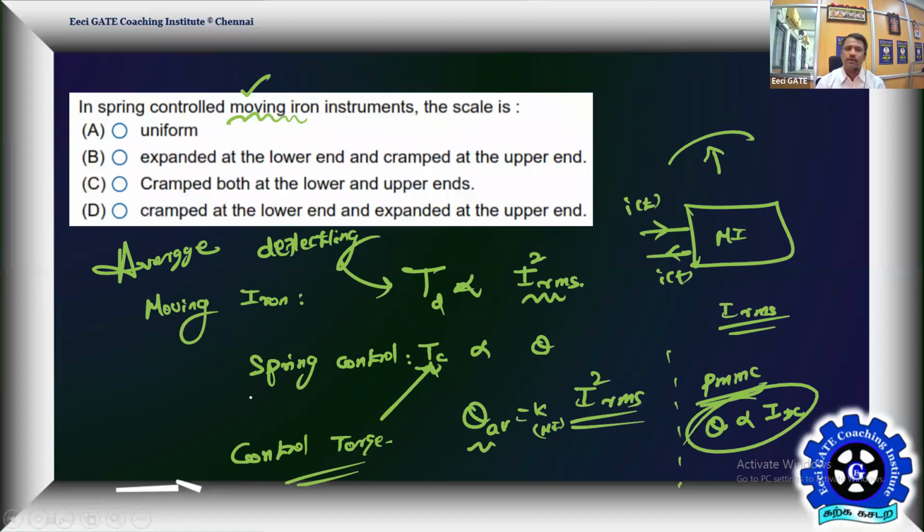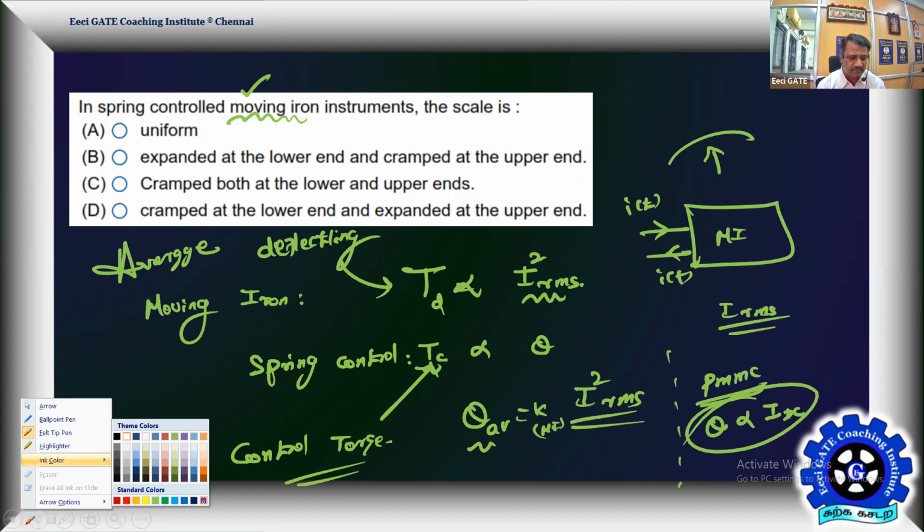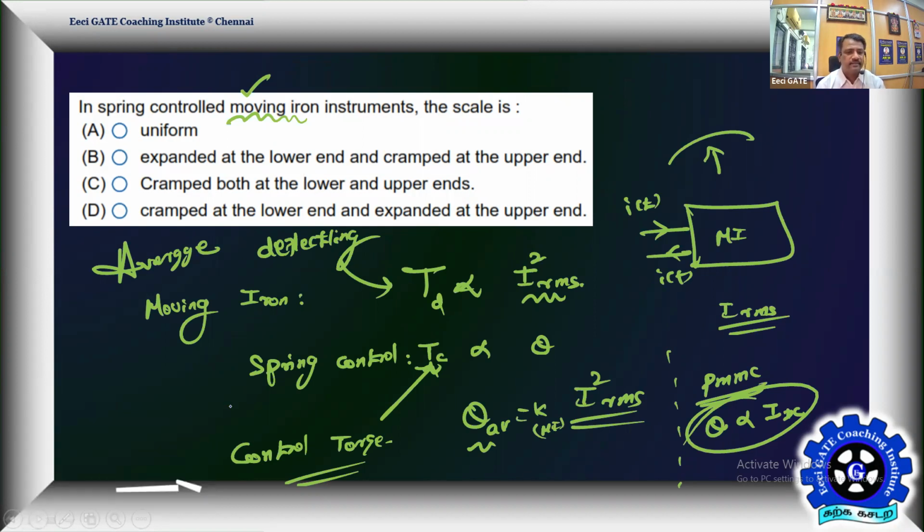Once you know this fundamental, the problem is straightforward. So what's your right answer? That's talking about the nature of the moving iron. Cramped at the lower end and expanded at the upper end will be the right answer, because in one 50 degree you have to accommodate more readings, and in the other 50 degree you have to accommodate fewer readings, so the scale will become like this.